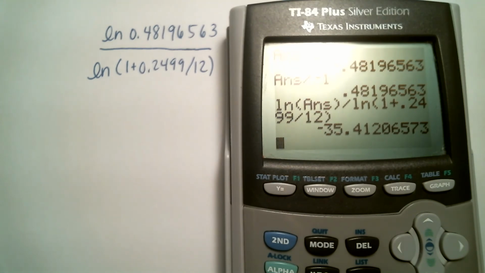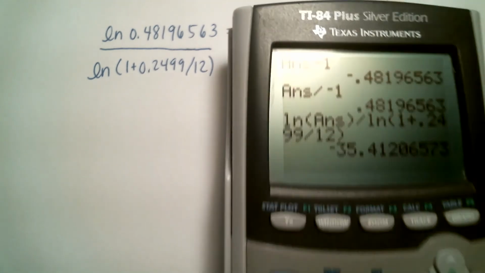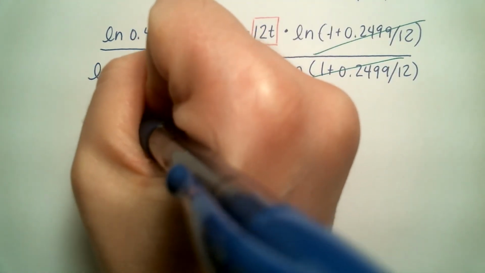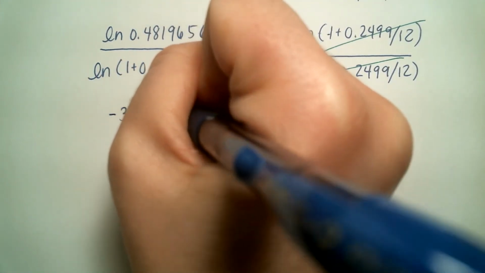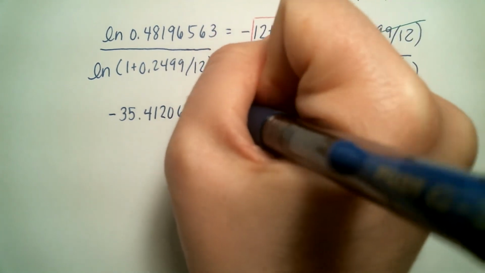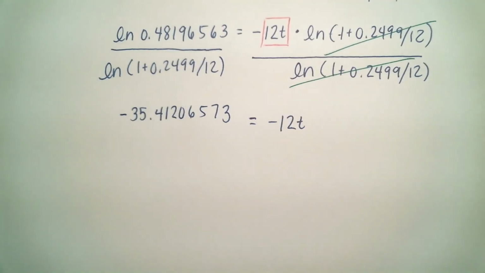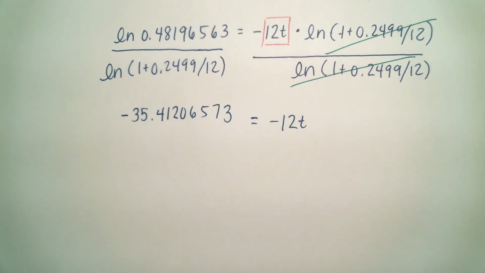So I'm going to go ahead and write that down for you. All right, so we get negative 35.41206573. That is what's equal to negative 12t. Notice both sides are negative, which is good. We're solving for time. You don't want a negative time value.